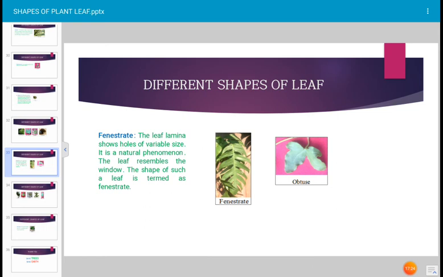And one more shape of leaf shown here in the photograph is obtuse. In this, the lamina is divided into large-sized lobes, and the apex of the leaf is blunt, ending directly in a blunt region. Such a leaf shape is described as obtuse.